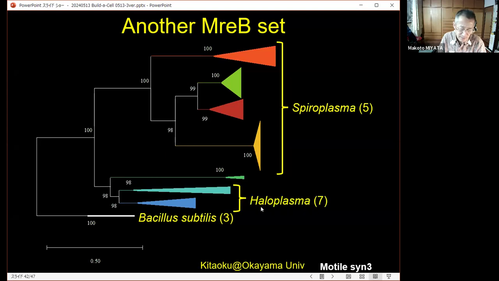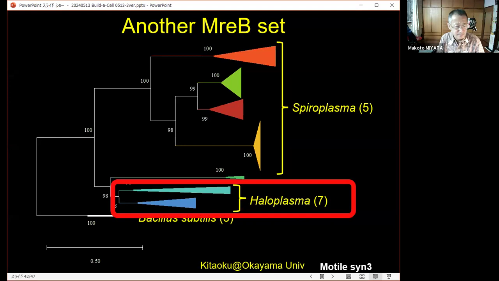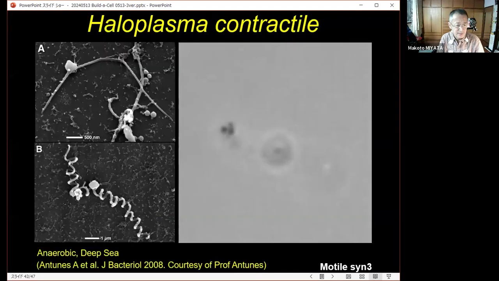We believe that currently Haloplasma is the most closely related to Bacillus. Interestingly, Haloplasma has as many as 7 MreB proteins. So then we focused on Haloplasma.